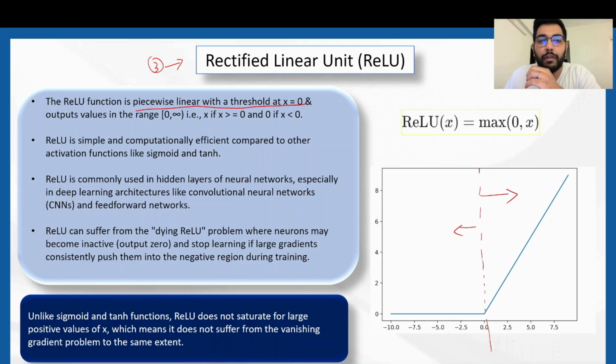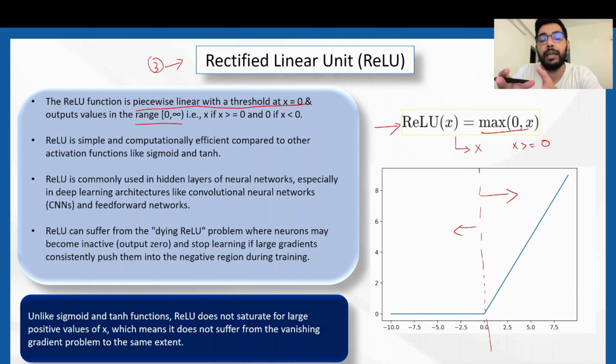Next, coming to the range of the rectified linear unit, ReLU is 0 to infinity. That is, the minimum value of the output of ReLU is 0 and the maximum is infinity, based on the function that we see over here, which says that ReLU of x is max of 0 and x. Let's try to decode this. It says that the output of the ReLU activation function would be x when x is greater than or equal to 0.